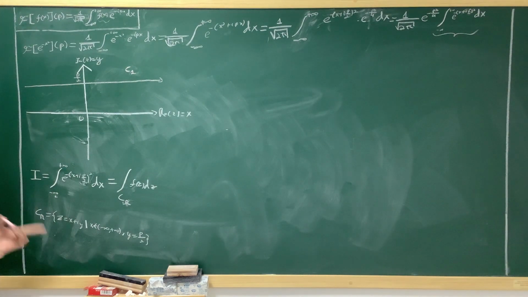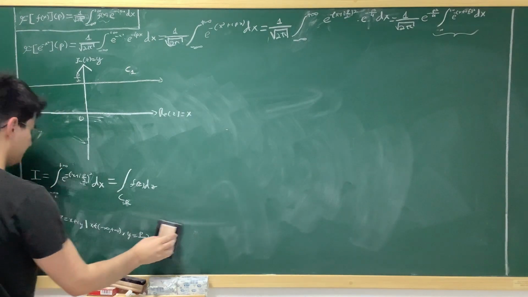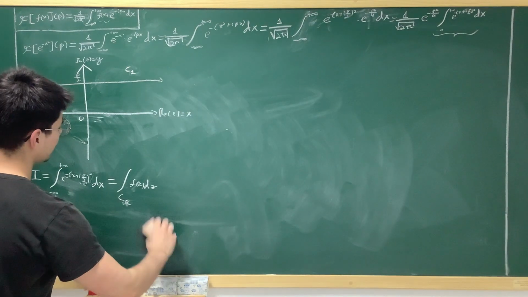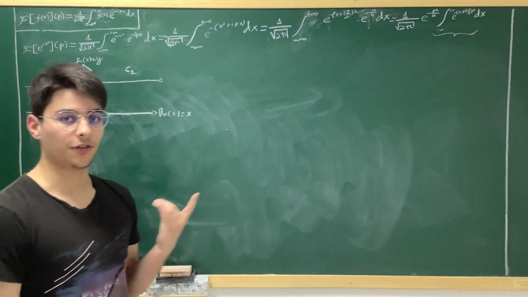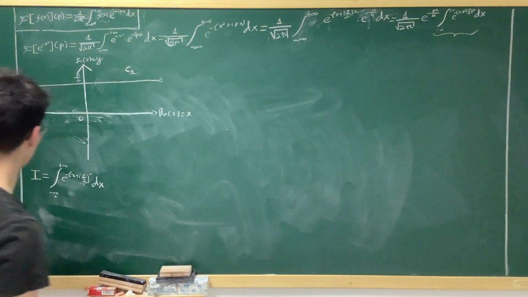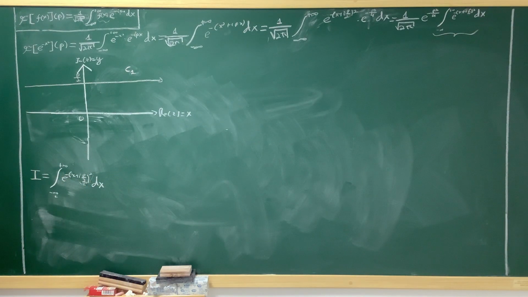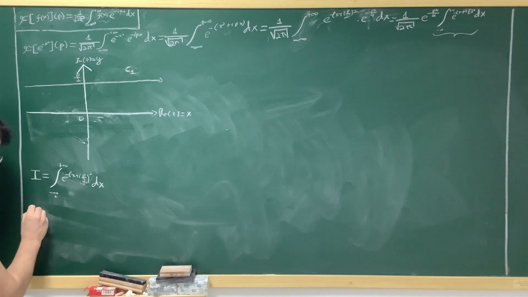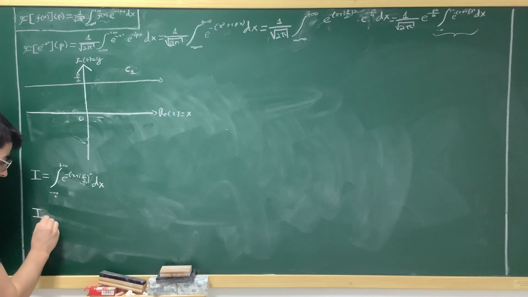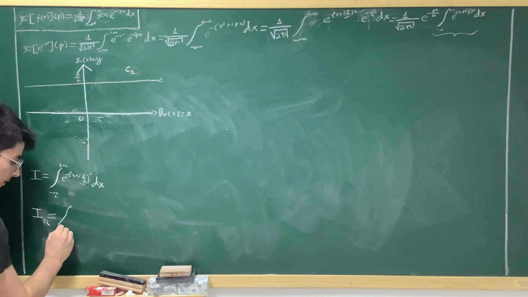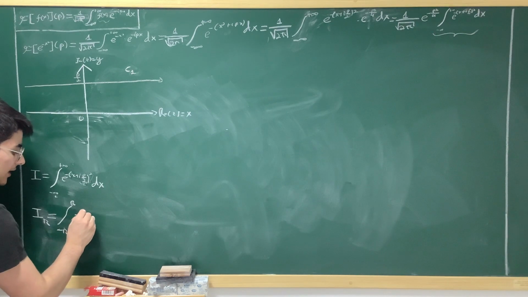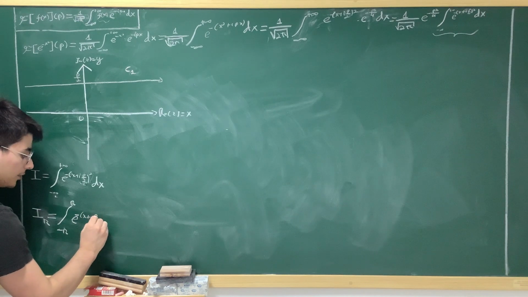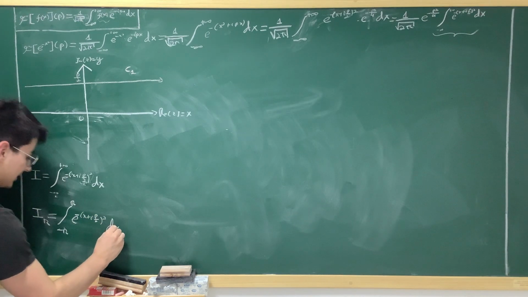Now, to proceed from here, we're going to define some other curves, because we want to use Cauchy's residue theorem. So let's say we define instead the integral I_R, going from negative R to positive R of e to the minus (x plus i p over 2) squared dx.